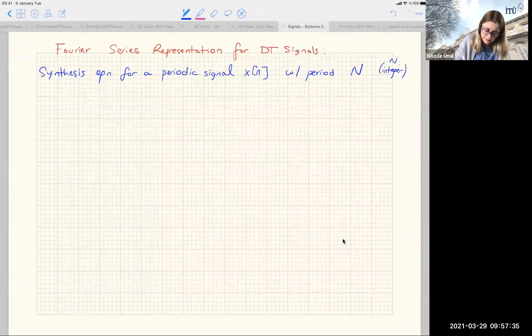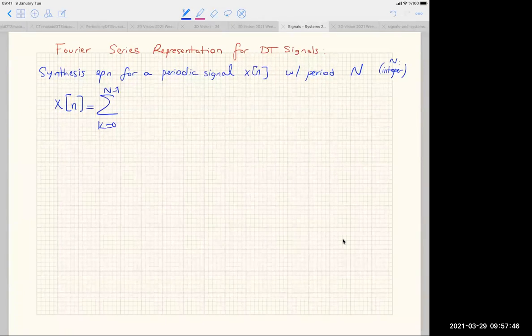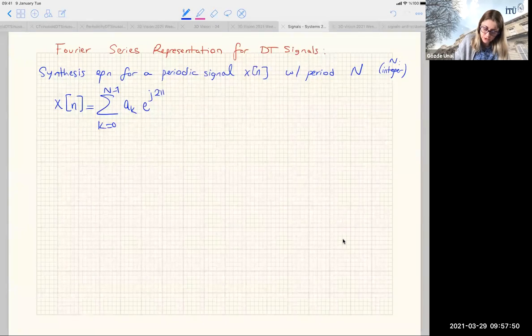Now x of n is equal to the sum over k from 0 to N minus 1. You see it's a finite number of them this time. a k, and I have my basis function e to the j 2 pi over capital N k n, okay?